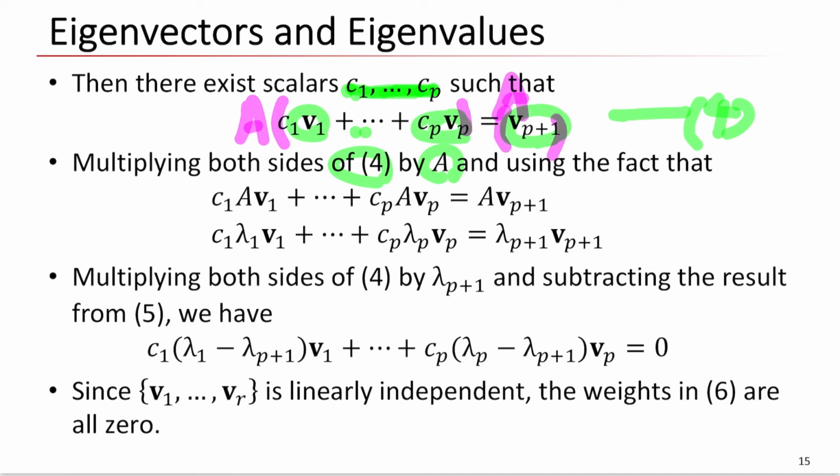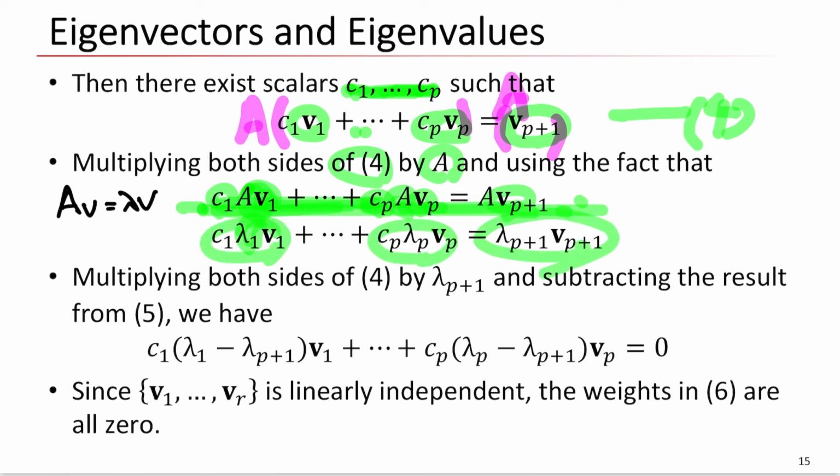Then it will be c1 A v1, because c1 is just a scalar, up to cp A vp, which equals A v(p+1). And we already know A v1 is equal to lambda 1 v1, because this is the definition of the eigenvector. So we can represent this equation like this. Let's say this is equation 5.